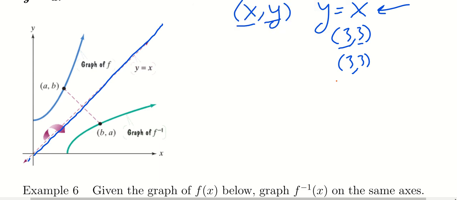As a line reflection, what this means is pick any point on the curve of f, connect it perpendicularly to the straight line, whatever that distance is. If you continue that line on the other side of that line of symmetry, the same distance, you will come up with yet another point that will be on the graph of the inverse function.